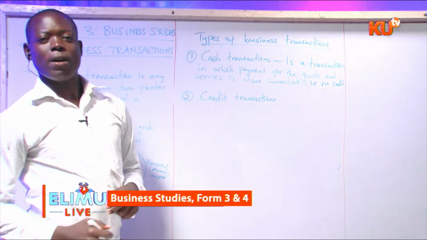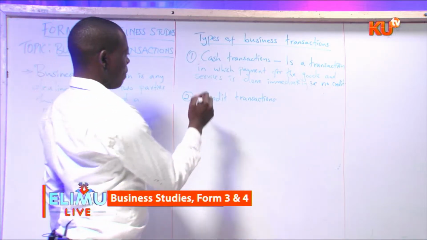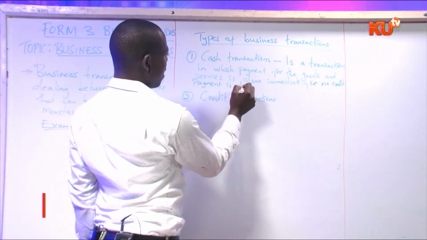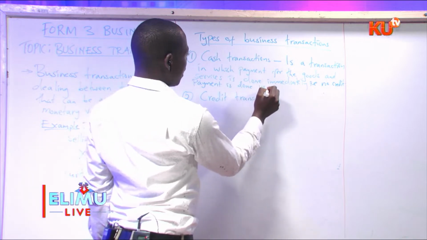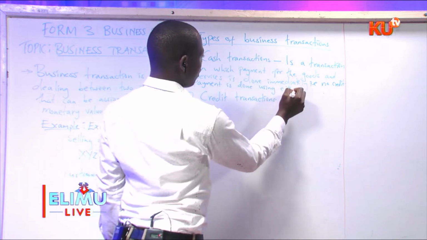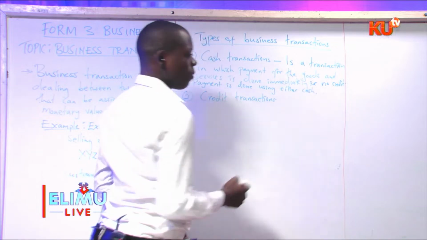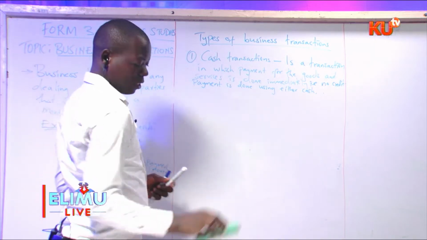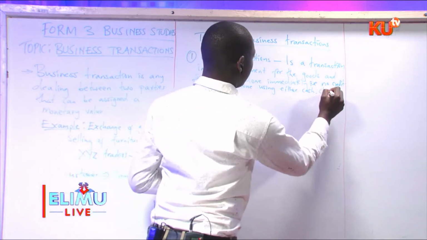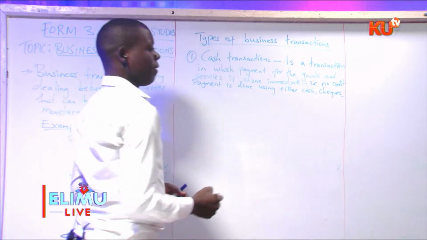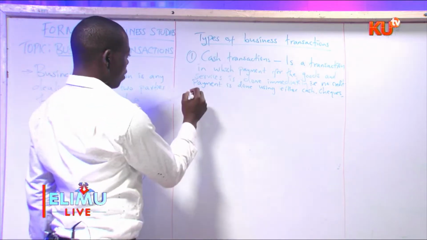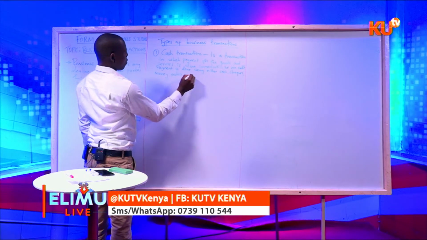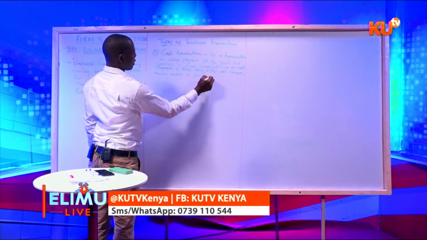And how do we pay for these goods? In a cash transaction, payment is done using either cash, or checks, or money orders, or postal orders.